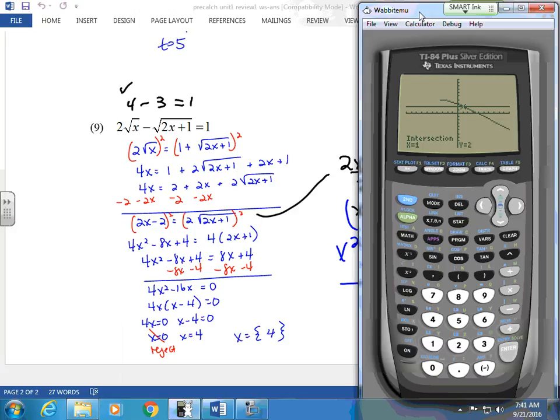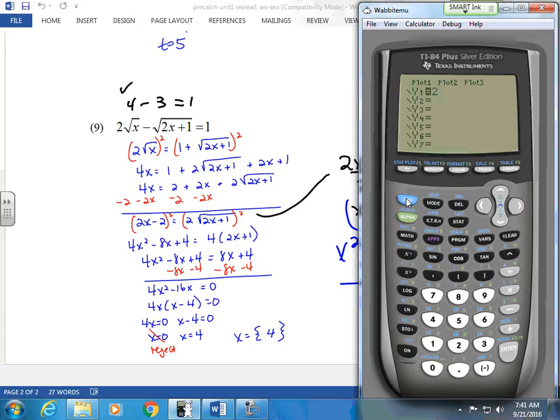And if you put this in your calculator, I'm a big check on the calculator person. You'll kind of see that. I like to check on the calculator. If you put this on one side of your equal sign, I don't know if you guys got used to doing this. So put this on one side and then put the 1 on the other side. And then put the 1 here.